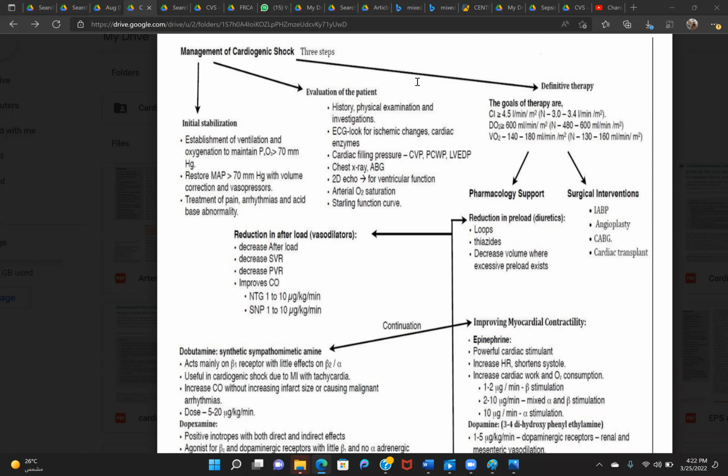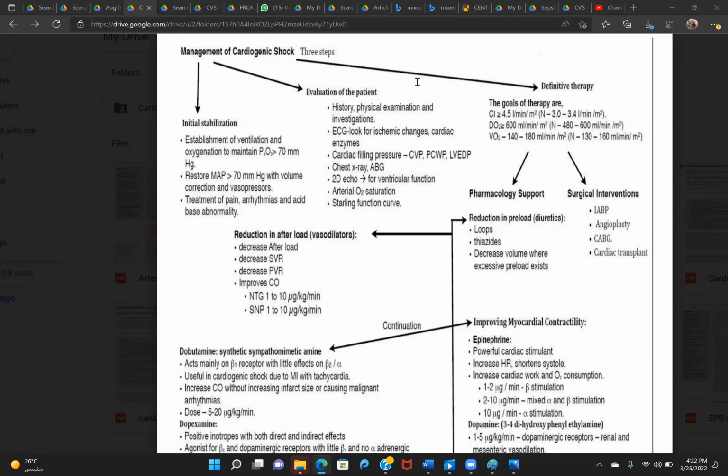So you should know when and how these enzymes increase, and which are more specific. TROP-I and TROP-T are more sensitive and more specific than CPK or lactate dehydrogenase, LDH, and the other enzymes.